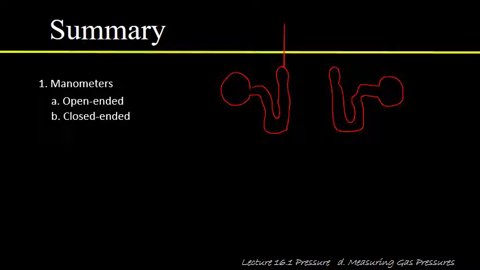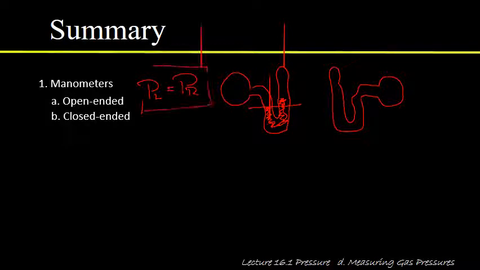The key for these manometers, whether it's open-ended or closed-ended, the key is always just to look at the column of mercury, draw a horizontal line at that lower level, and remember that the pressure at that point, pressure on the left side is equal to the pressure on the right side.